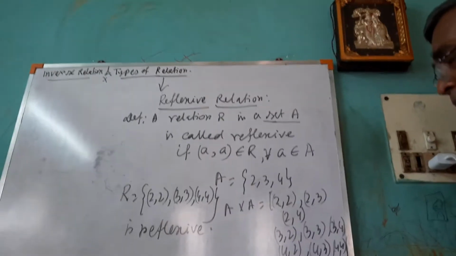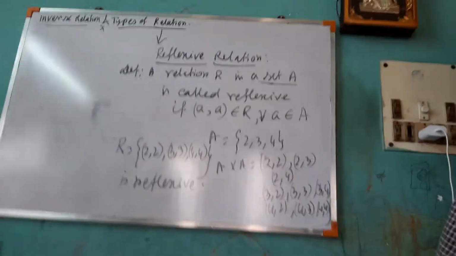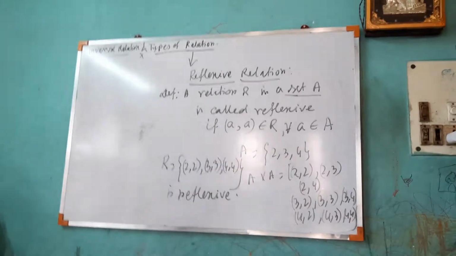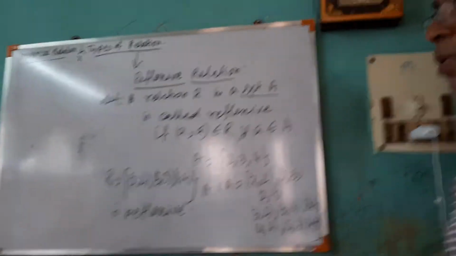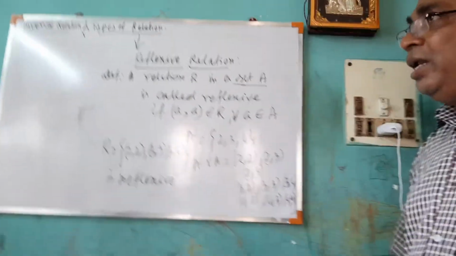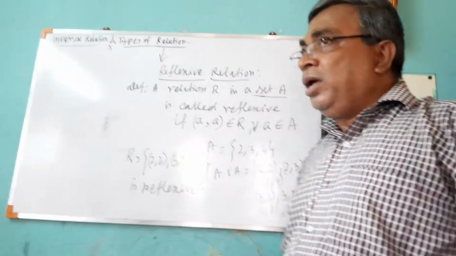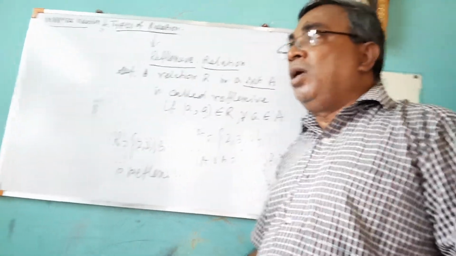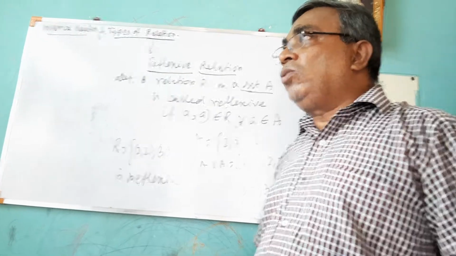Clear or not? Yes. Another example of reflexive, like a real-life example: every triangle is congruent to itself.